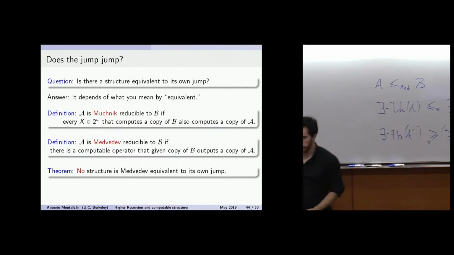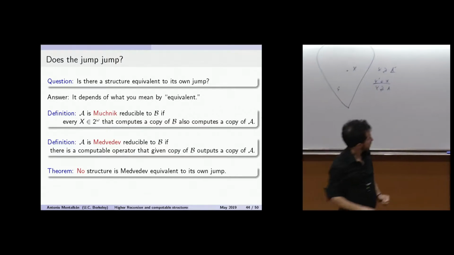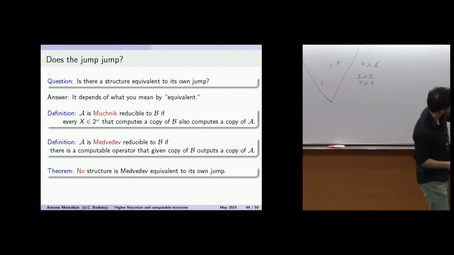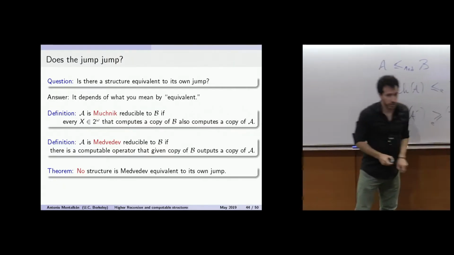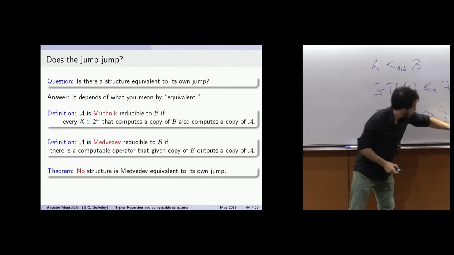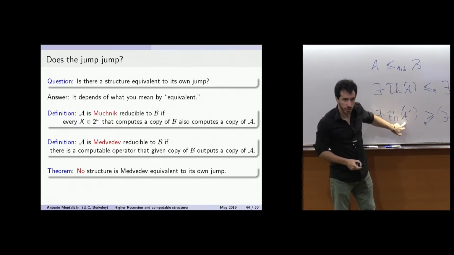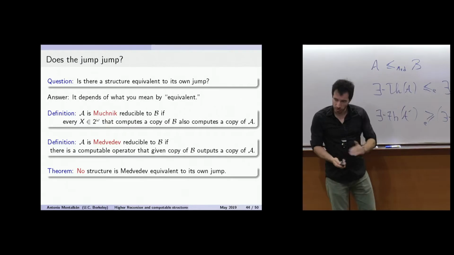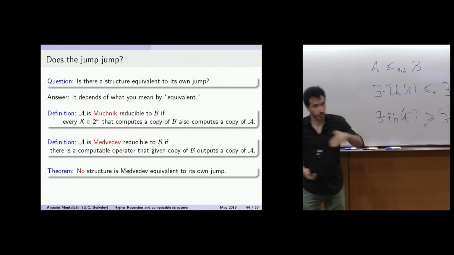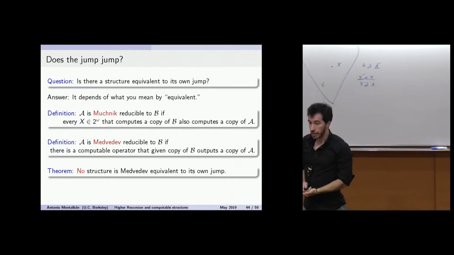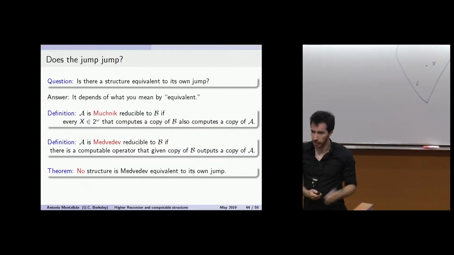So you couldn't have A jump Medvedev computing A, because the enumeration jump has to go up in enumeration degree, while it doesn't in the other.